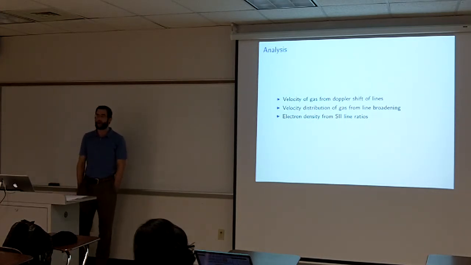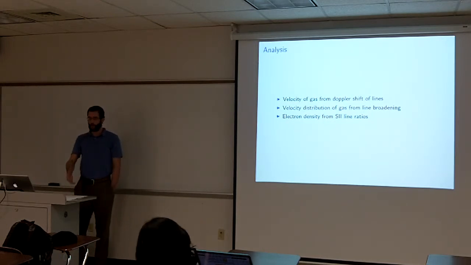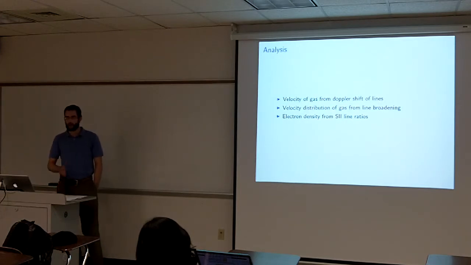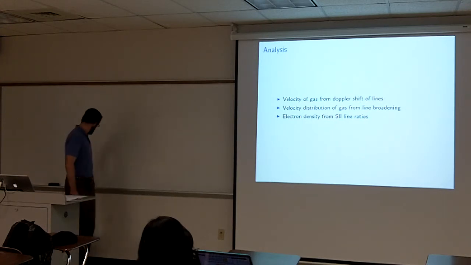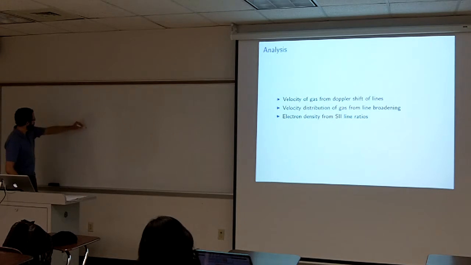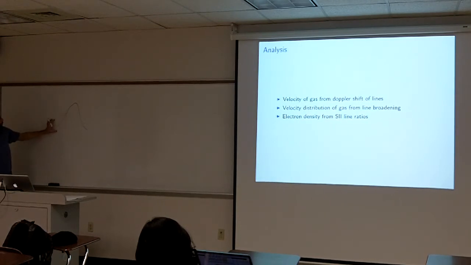You can also, from the spectrum, determine at different points of the data queue whether or not the gas is moving towards you or away from you, showing a velocity gradient by whether or not the spectral lines have wings, in which you would have a spectral line which would have a broader side than the other side. And that would show you whether or not the line has been shifted.